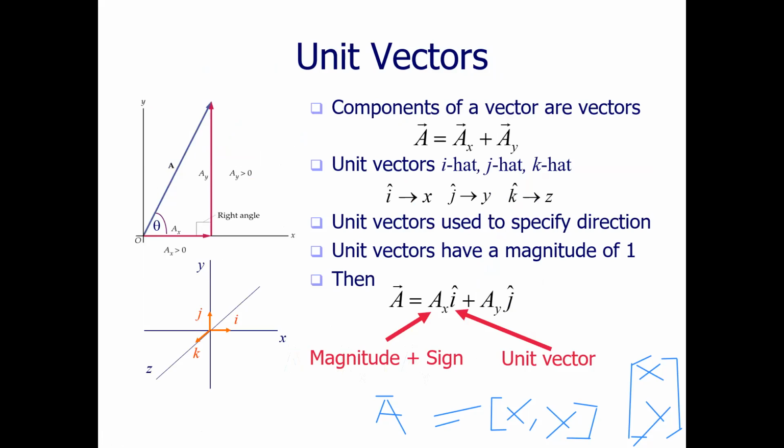Next we have unit vectors, where i hat, j hat and k hat represent unit vectors. I hat comma j hat comma k hat represents a unit vector in 3 dimensions.